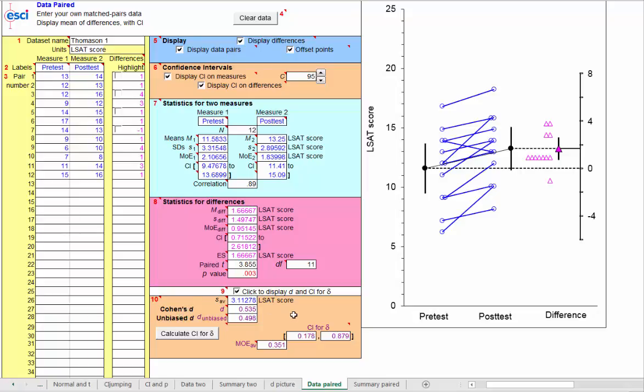Well, not really, because testing whether this effect size in original units is 0 is pretty much the same as testing whether our standardized effect size is 0. And so we'll get pretty much the same p-value whether we do the calculations in original units or in standardized units. 0.003, really quite strong evidence that there is some non-zero effect in the population.